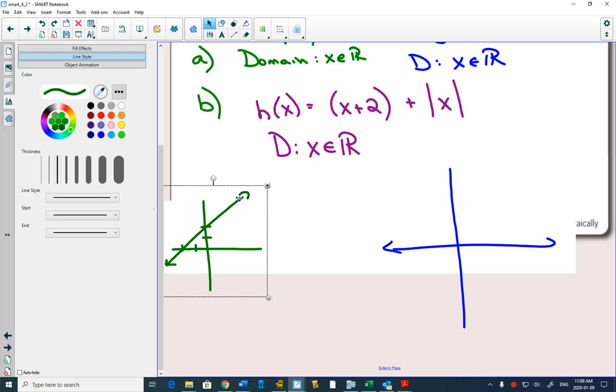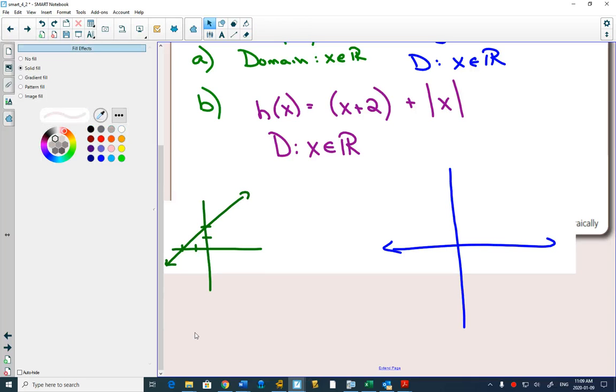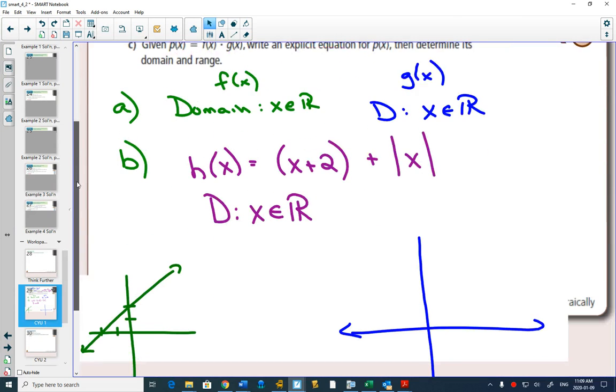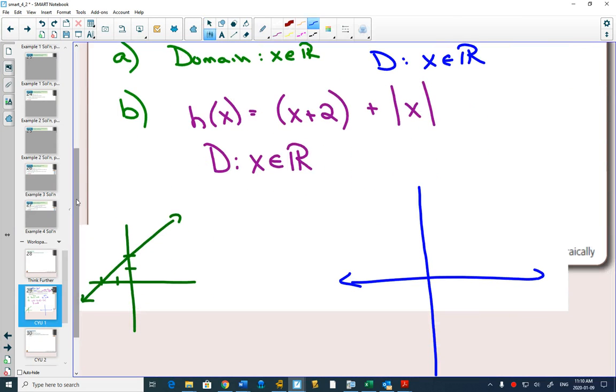Okay, there we go. That one's green. And my other one I said was blue, absolute value graph here, right beside it. That one's in blue. And I'll put them together and make a purple graph.